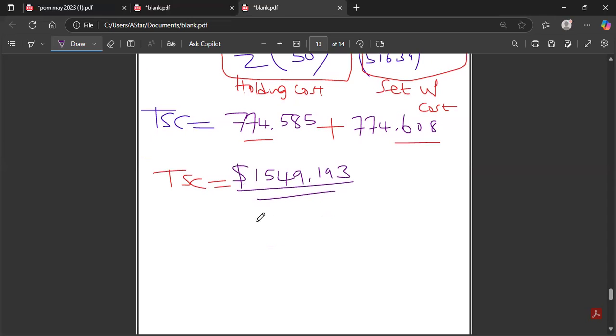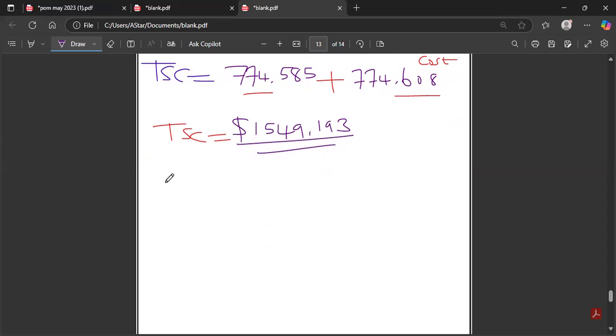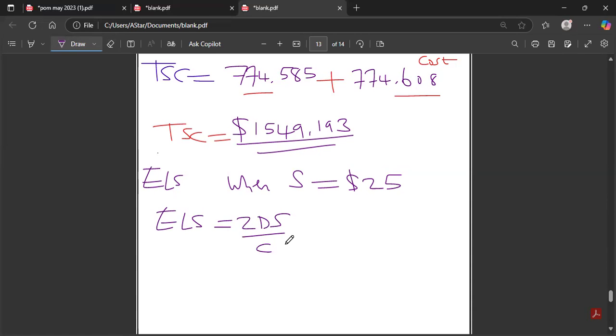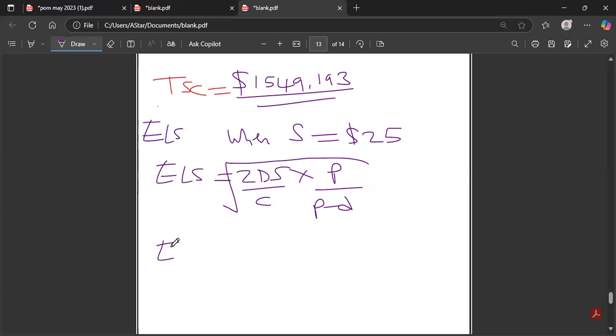Yes. So now let's find our EOQ when S is reduced to 25. So our economic lot size, not EOQ. Before you proceed, why are those figures similar?